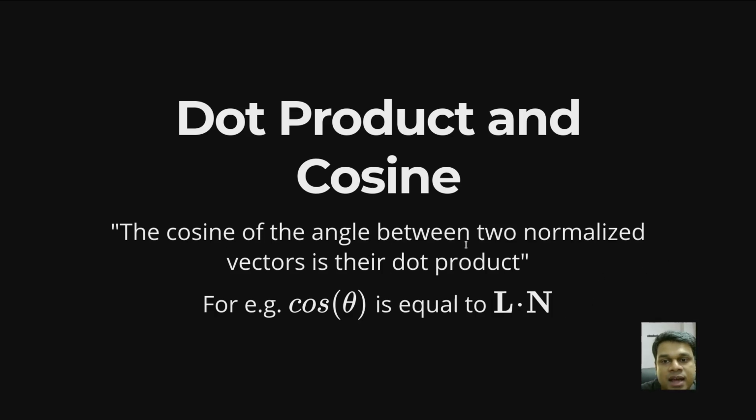The cosine of the angle between two normalized vectors, so remember it is normalized vectors, the vectors must have a magnitude of 1 as we discussed in the first episode, is the dot product. For example, cos theta equals L dot n. So since we already have a way to calculate dot product, instead of calculating cosine, all we have to do is calculate the dot product.